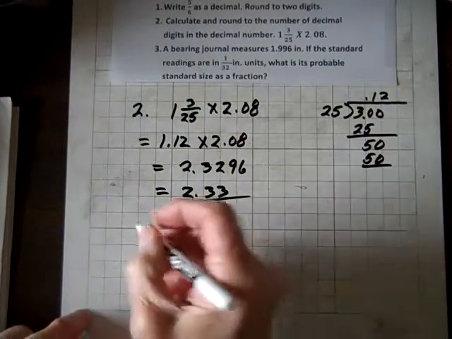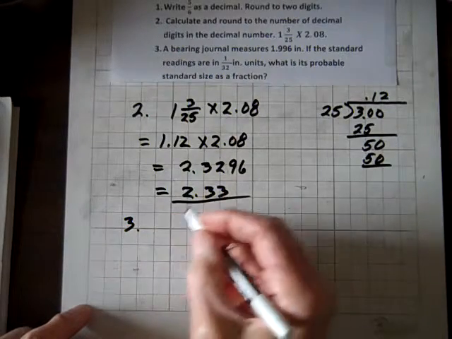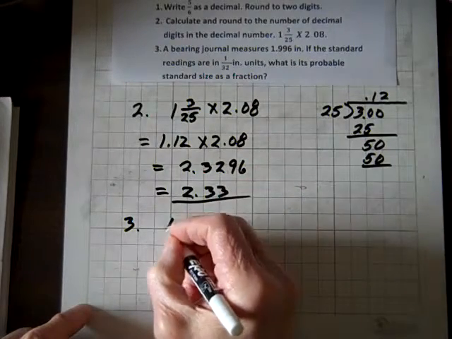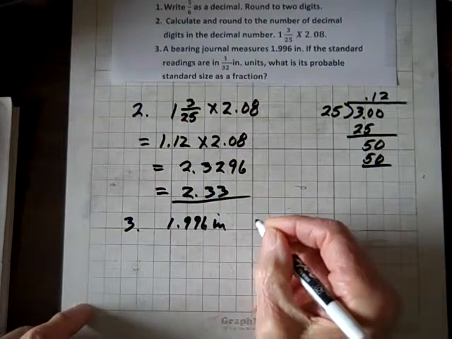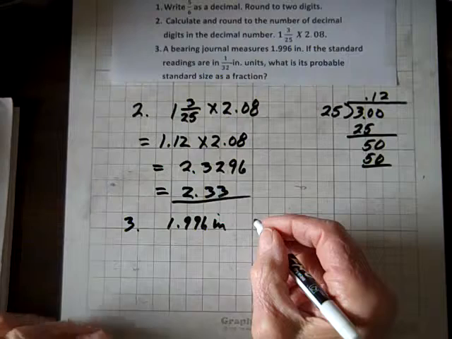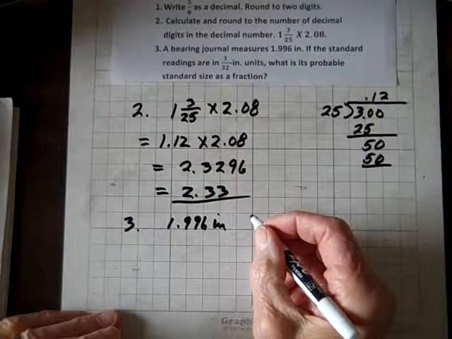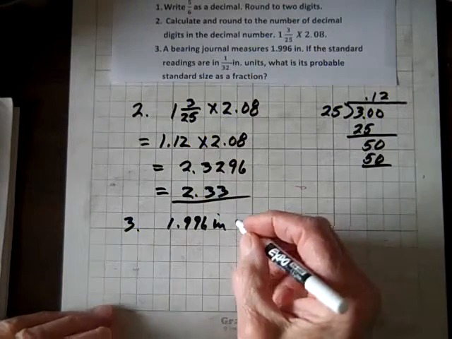Now for the final question, 3, let's see, a bearing journal measures 1.996 inches. And if the standard readings are in 1/32 of an inch units, what is the probable standard size as a fraction?